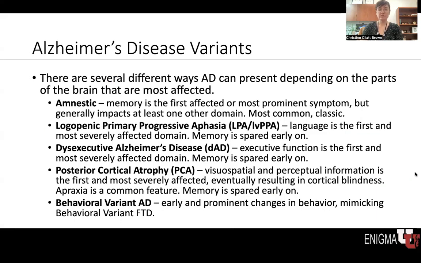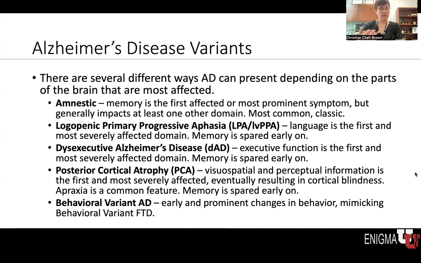So there are several different variants of Alzheimer's disease. It doesn't always look the same. So Alzheimer's disease can present differently depending on what parts of the brain are most affected in that person. So I mentioned that memory is most commonly the first affected thing.